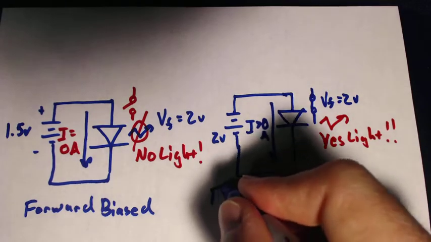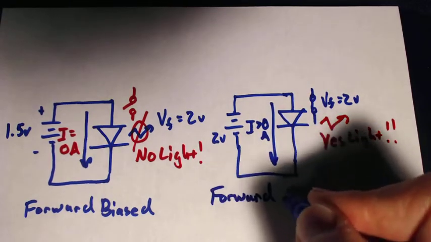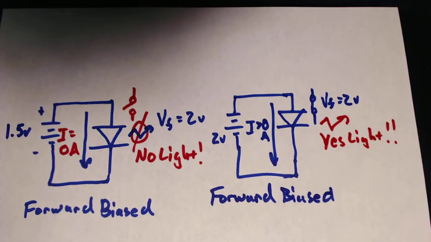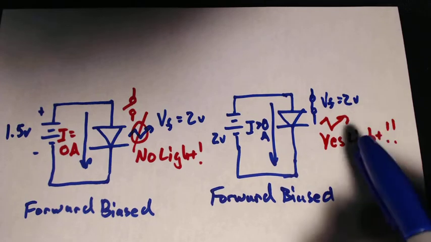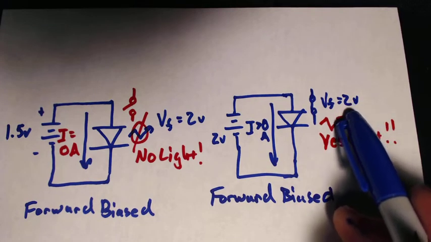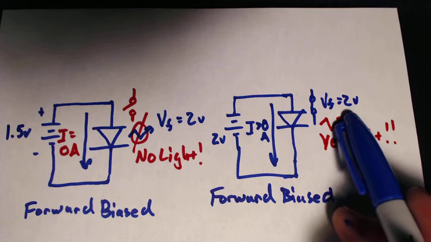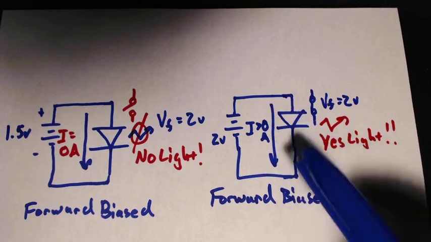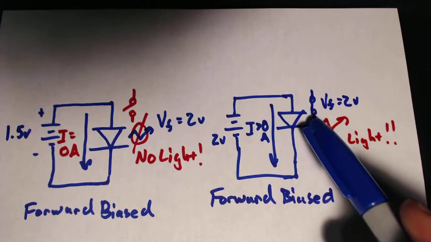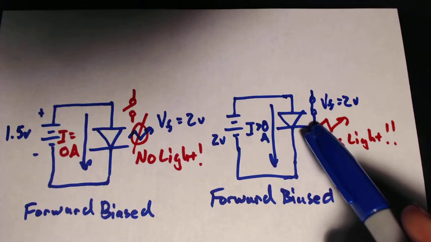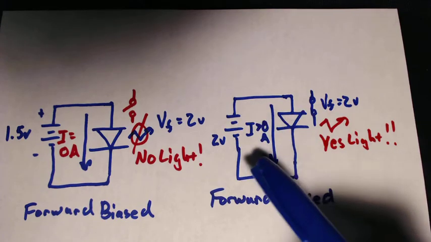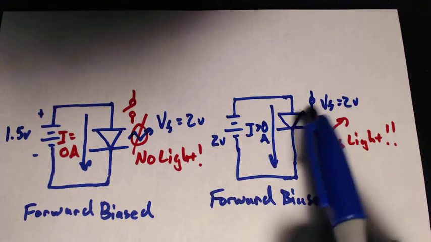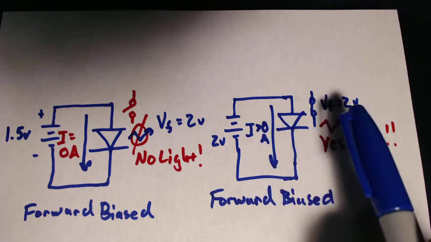And we are still forward biased. Okay, so we need to meet and or exceed the forward voltage in order to get light off of this, in order for this diode to allow current to flow through it, and for this diode to behave like a closed switch. So not enough to just apply the polarity correctly, also need to meet and or exceed this forward voltage.